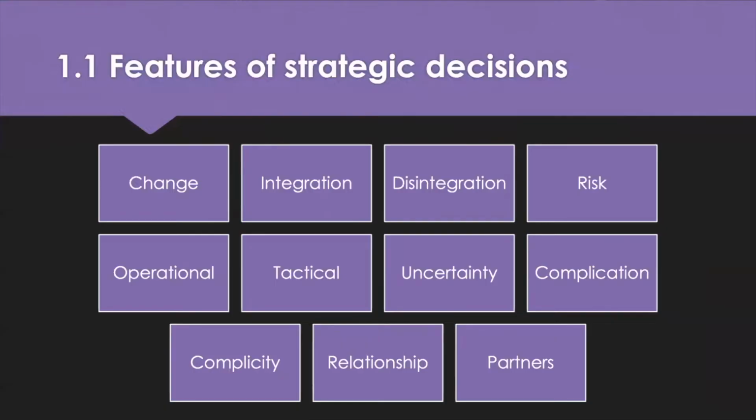You've got complexity. Strategic decisions are typically complex, and this is true in organisations with a wide geographical scope or a wide range of products and services. That's because it's going to involve different organisational levels, different markets, and different ranges of products. Uncertainty: strategic decisions are concerned with a whole organisation and the environment in which it operates.